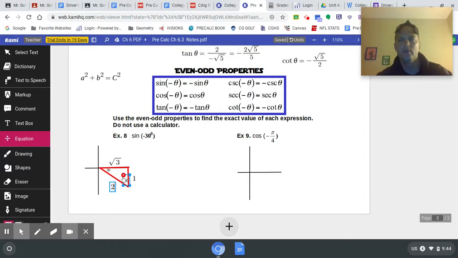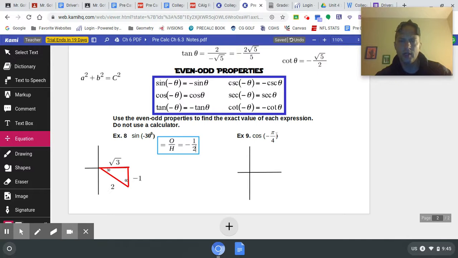Reminder, if we're going right, that's positive, but when we're going down, that's a negative 1. So don't forget about that. What's sine? Sine is O divided by H. In this case, opposite is negative 1 and hypotenuse is 2, so the final answer is negative 1/2.